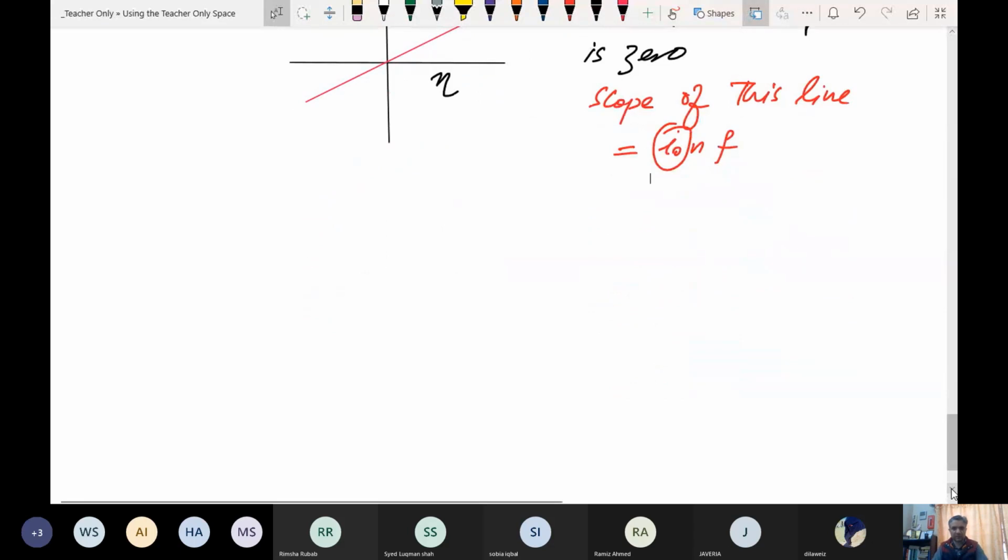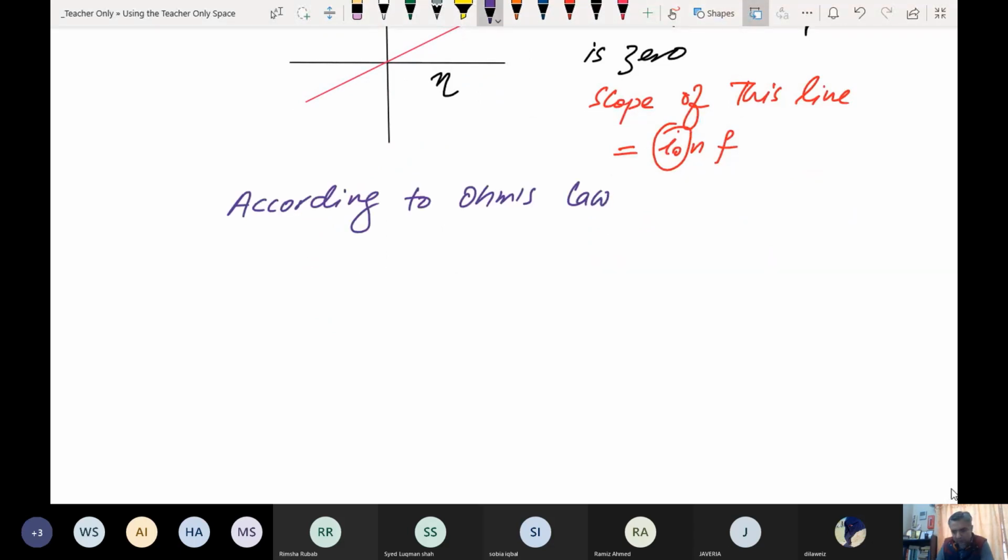Now we also know that according to Ohm's law, we have I is equal to E over R. Here E is the potential. Generally what we see in the books is V is equal to IR, but here it is E is equal to IR.